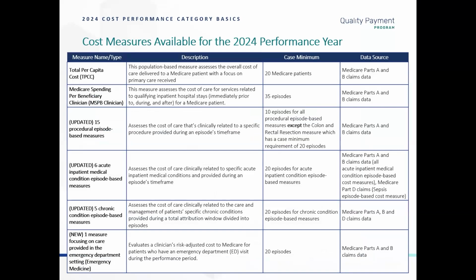Of the 27 episode-based cost measures, 15 are procedural-based, 6 are acute inpatient medical condition-based, 5 are chronic condition-based, and 1 is focused on care provided in the emergency department. And then the slide also documents the case minimums and data sources for the different cost measure types.